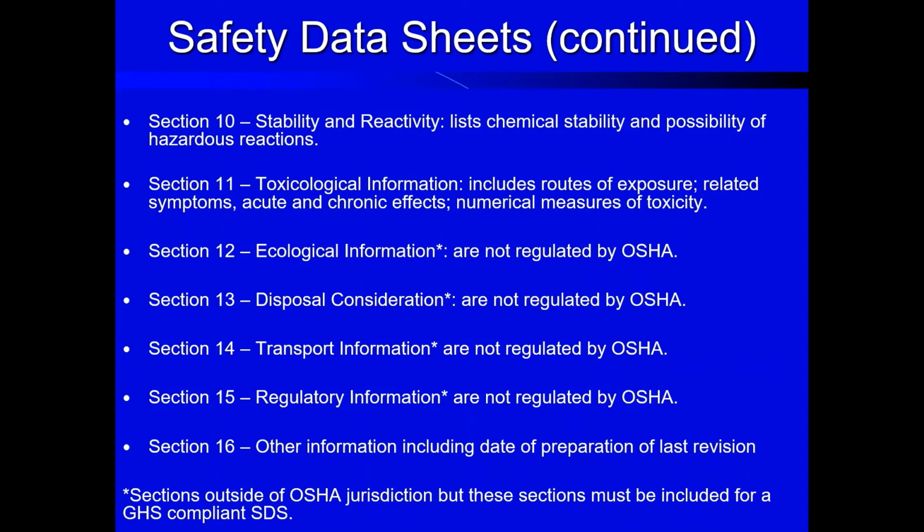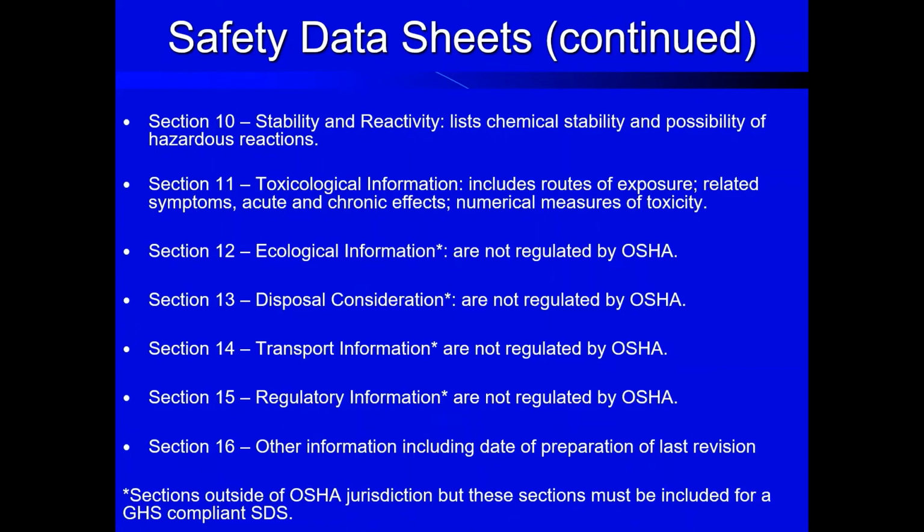Safety data sheets continued. Section 10 covers stability and reactivity, lists chemical stability and the possibility of hazardous reactions. Section 11, toxicological information, includes routes of exposure, related symptoms, acute and chronic effects, and numerical measures of toxicity. Section 12, ecological information. They're not regulated by OSHA. Section 13, disposal considerations.